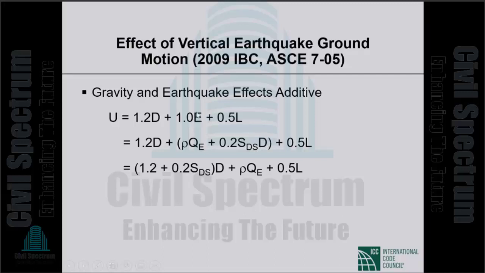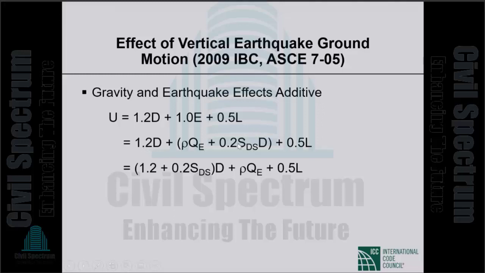So the earthquake effect E is the combination of horizontal earthquake effect and vertical earthquake effect. The horizontal earthquake effect is taken as the Q sub E, as I described earlier, multiplied by the redundancy factor rho, and the vertical earthquake effect is taken as 0.2 times S sub ds, which will be described in great detail in our seismic modules, times the design dead load.